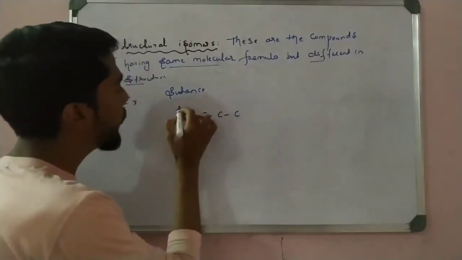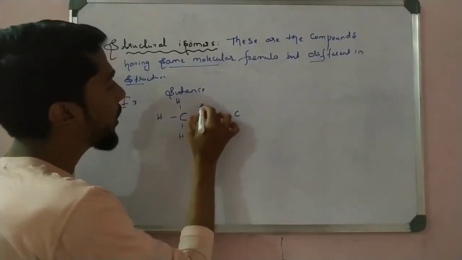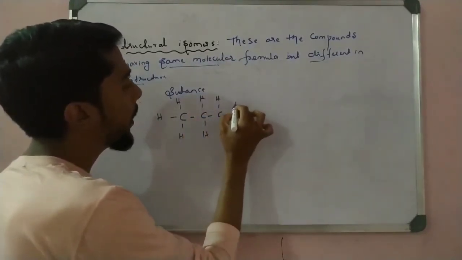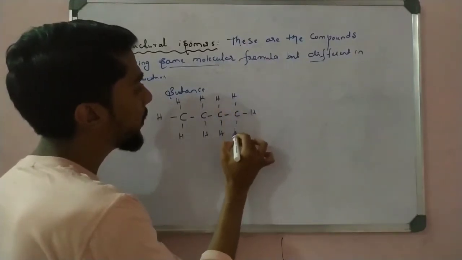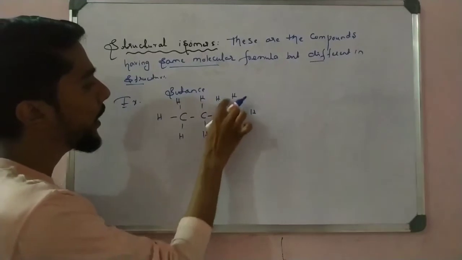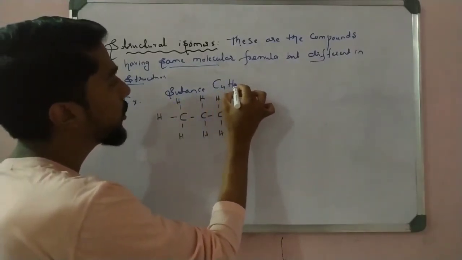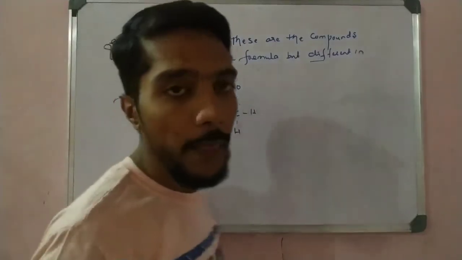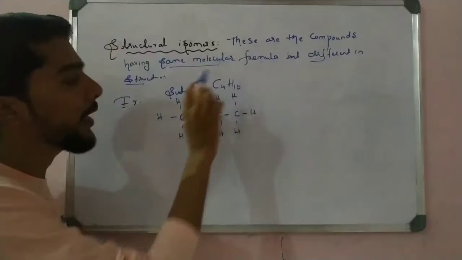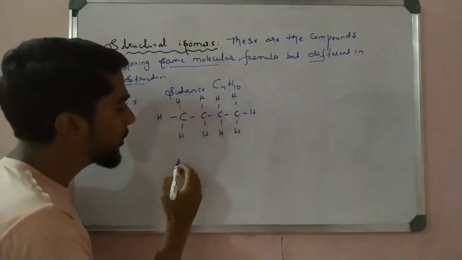According to the valencies I put 3 hydrogen, 2, 2 and 3 hydrogen, in total 10 hydrogens. That is C4H10, butane. CnH2n+2: 2n is 8, plus 2 is 10. This is one structure.